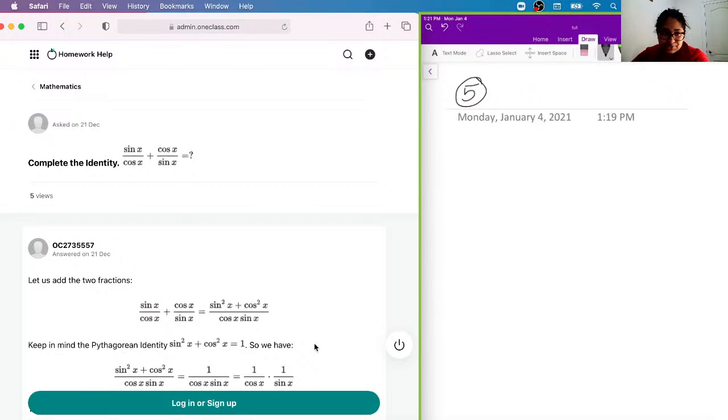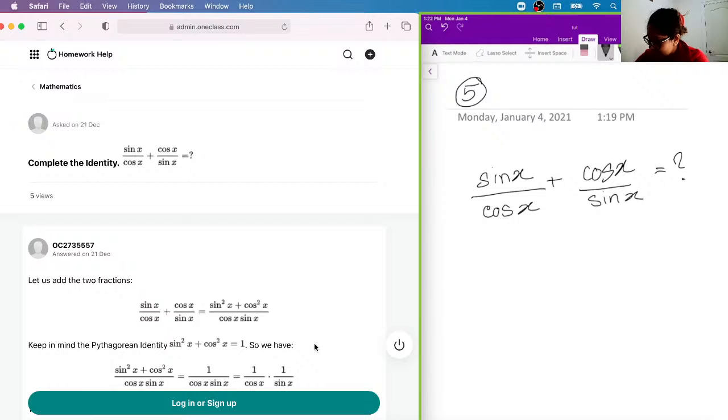This one says to basically see what this is equal to, and let me write this as sine x over cos x plus cos x over sine x. This is equal to what, right?